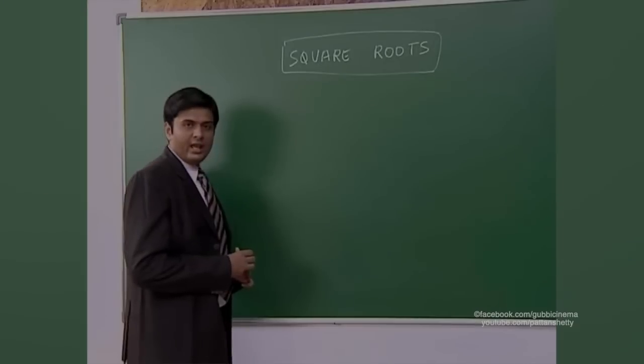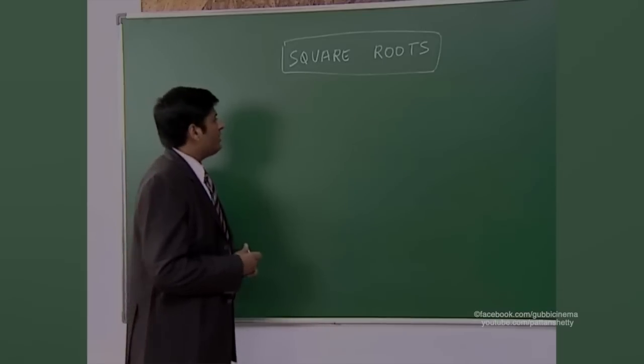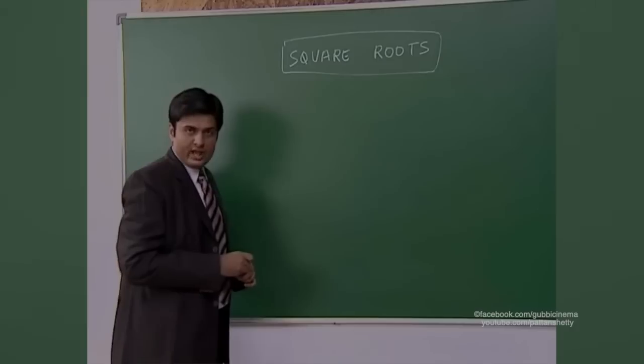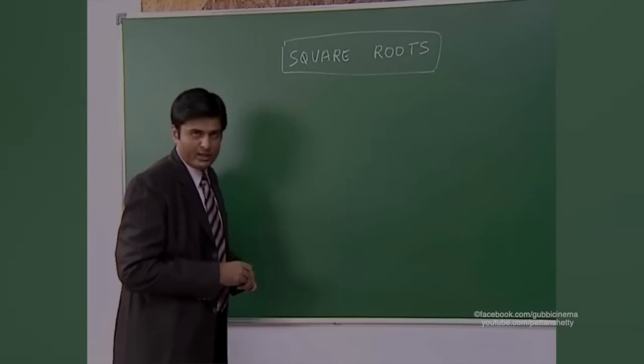So, like we did in cube roots, in square roots also, first we will take numbers from 1 to 10 and we will write the square of each number below it.